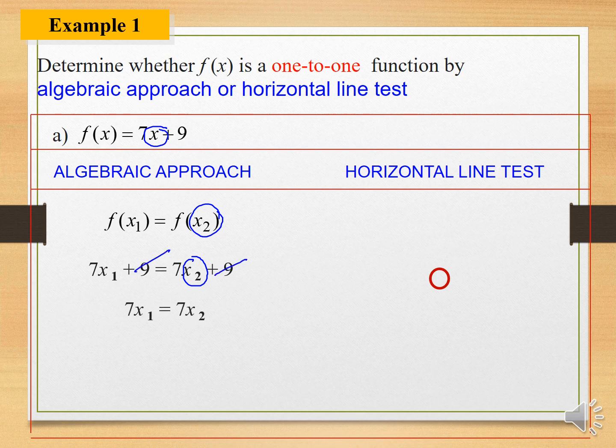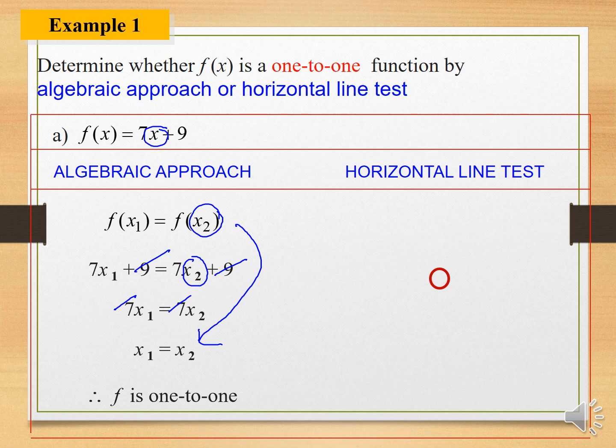Simplifying this, we get 7x1 equals 7x2, and we get x1 equals x2. Since f(x1) equals f(x2) implies x1 equals x2, therefore f is a one-to-one function.